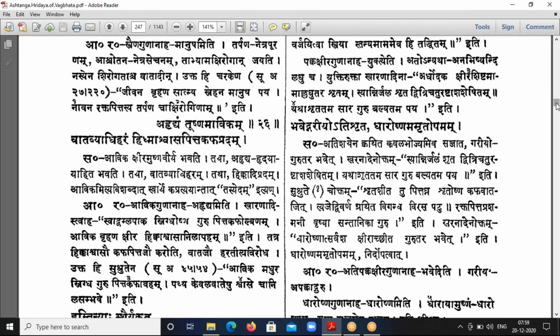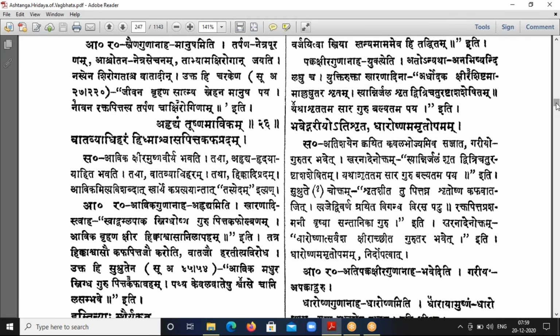Dharoshnam shasyade gavyam. As far as cow's kshiram is concerned, it is ideal to use dharoshnam. Whereas if it is mahisha kshiram, dharashidam tu mahisham. You milk the animal, and immediately after milking, the milk will be a little bit warm, which corresponds to the body temperature of the animal.